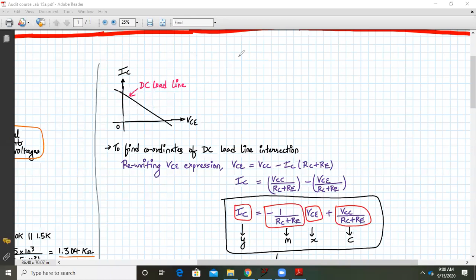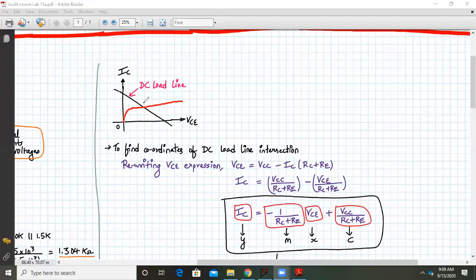Let me select the color red. So you have studied output characteristics, the curve is like this, correct? We have a family of curves basically. So whenever it intersects, this point is called the Q point. Let me mark another color, let me select yellow.